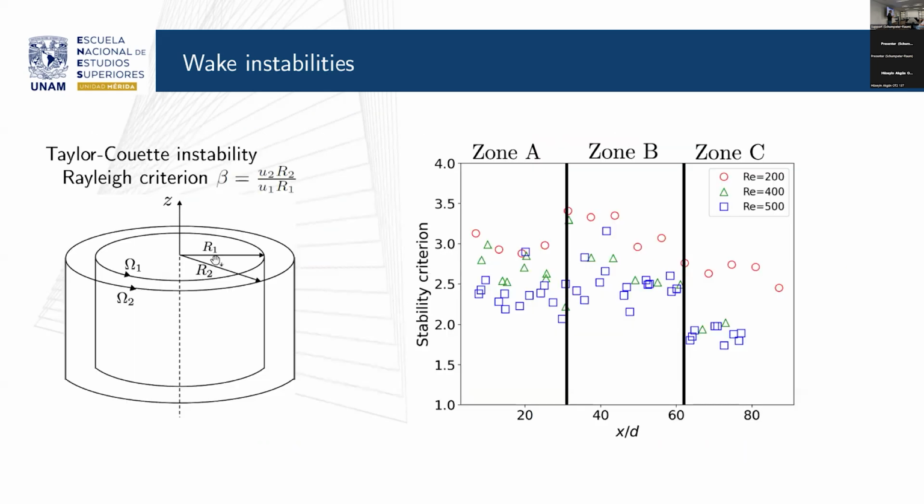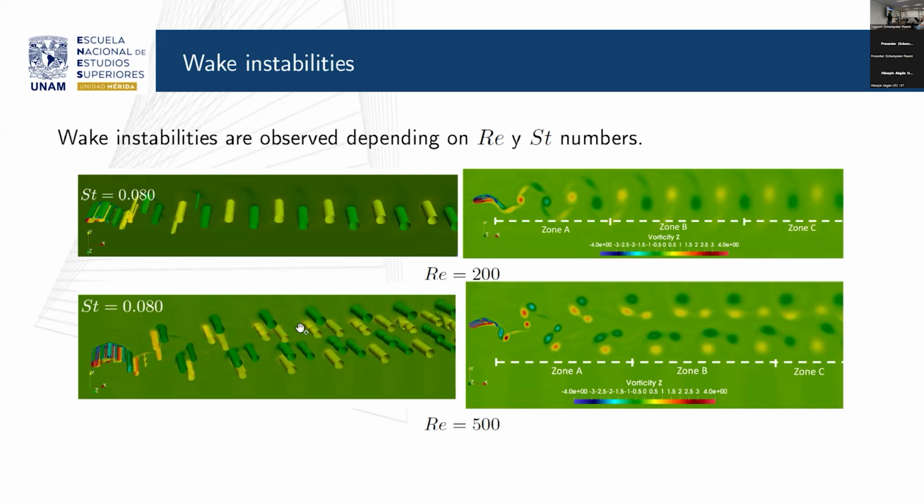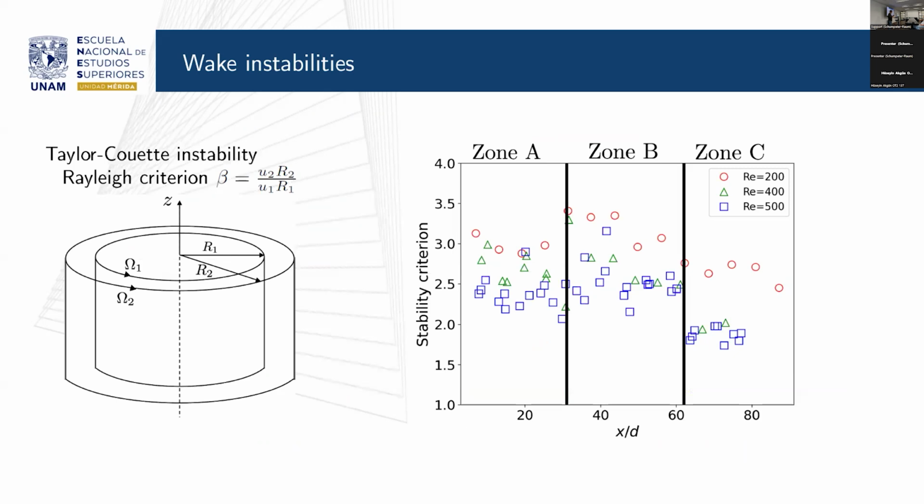And we thought of this as if it was the classical Taylor-Couette instability, mainly because if you see the undulations, it reminds very much that case. In the classical case, you have two solid cylinders that are rotating about the common axis. In this case, we don't have solid structures, but if we subtract the average flow outside the wake, then we can get a flow that are more or less cylinders, and we can apply the Rayleigh criterion.